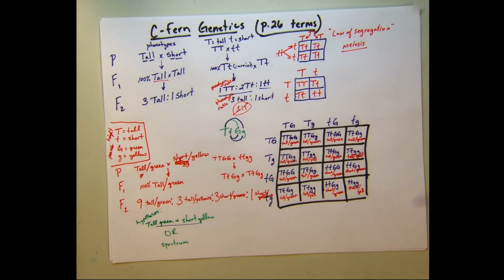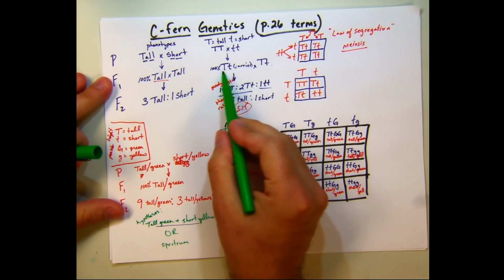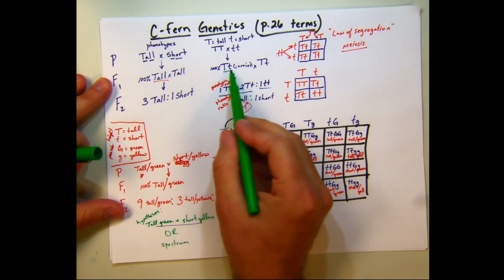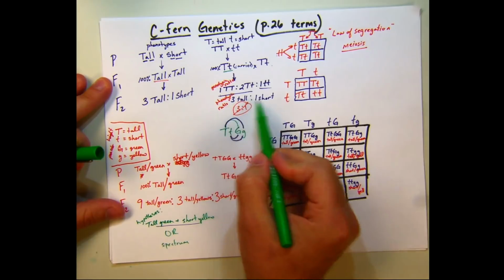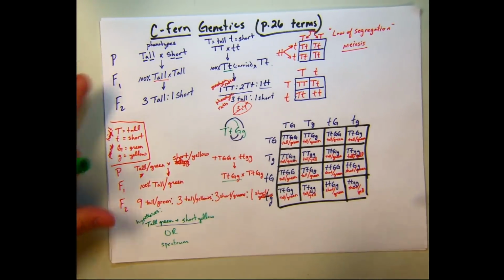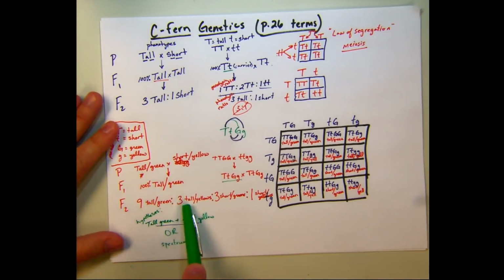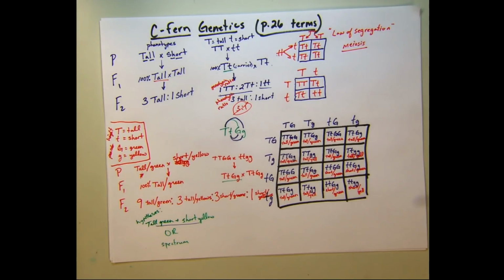So what you need to know is, when you cross 2 heterozygous genotypes together, you always get a 3-to-1 phenotypic ratio. Here, when you cross 2 double heterozygous genotypes, you will always get a 9-to-3-to-3-to-1 phenotypic ratio.